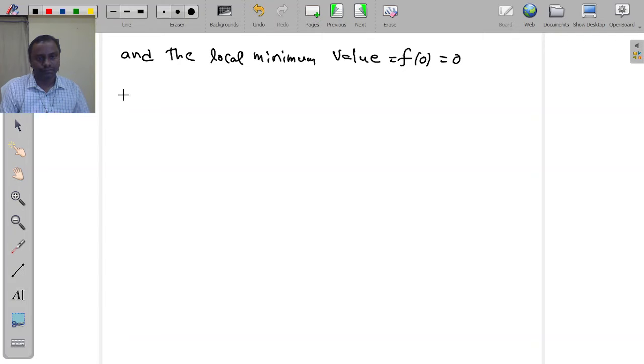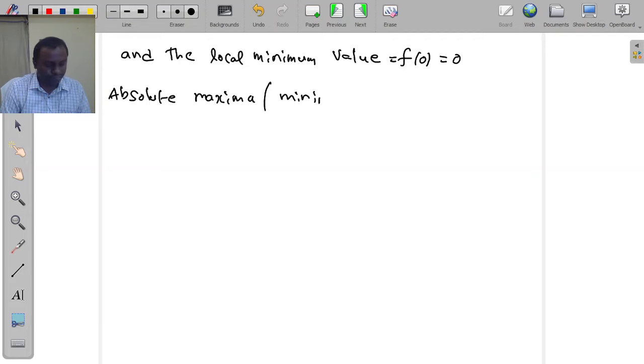Now absolute maxima or minima. What is the definition of absolute maxima and minima?